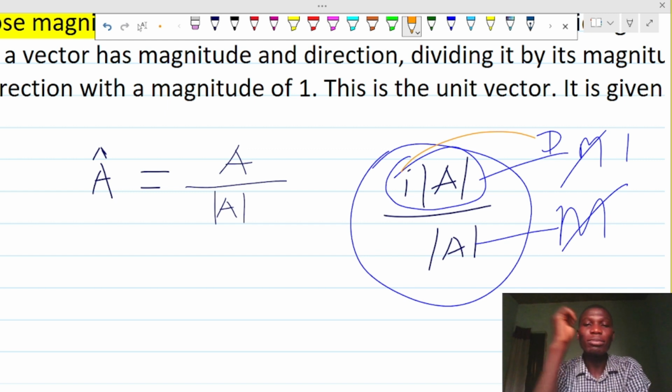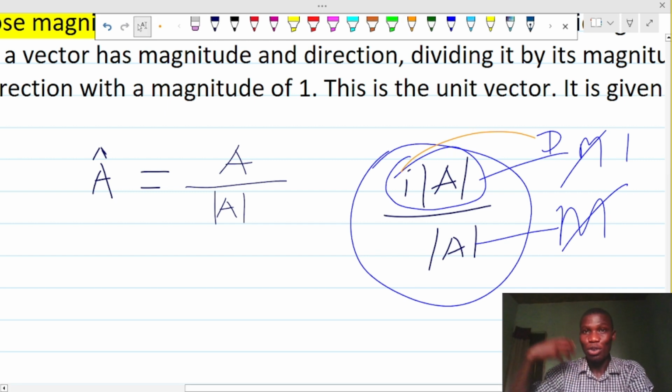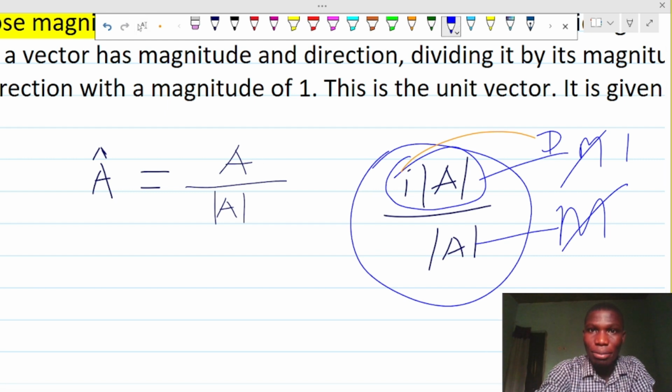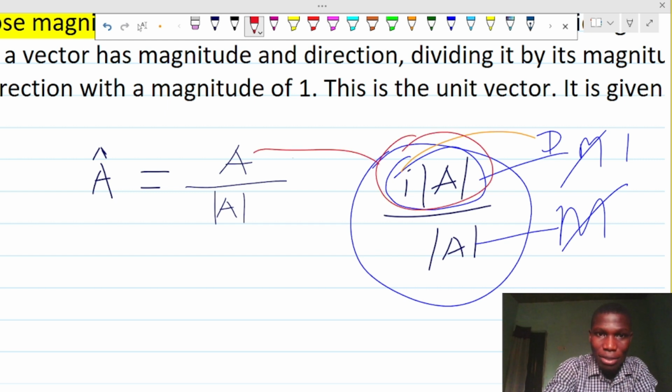So the thing is, since the definition of unit vector just means a vector whose magnitude is 1, that means we have to give this as a mathematical expression. Of course this top is the same as this.